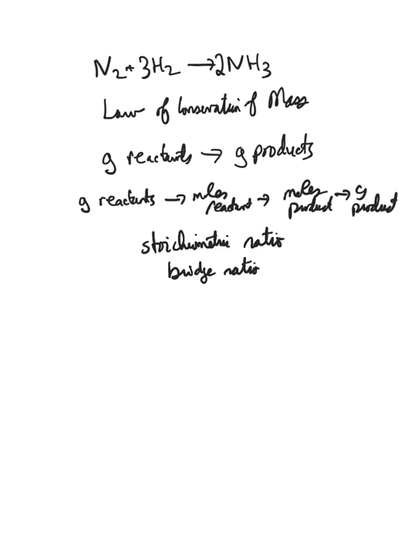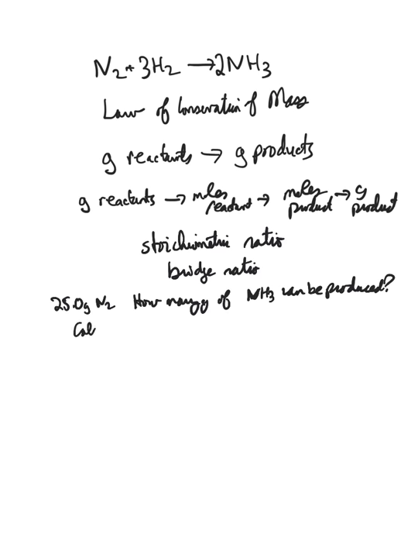And so let's look at this problem. Let's take 25 grams of nitrogen. How many grams of ammonia can be produced? What we're trying to do is calculate the theoretical yield. The theoretical yield is the maximum amount of product that can be made, assuming that everything goes to completion.